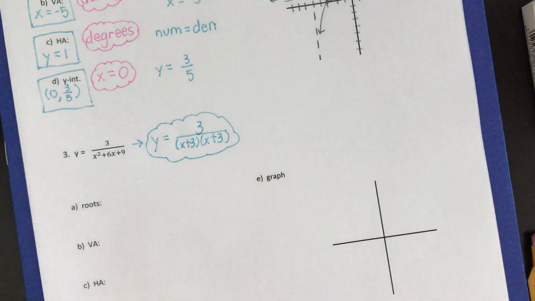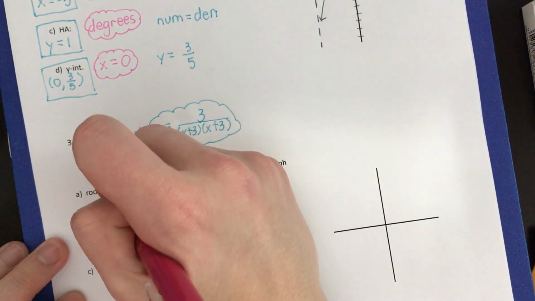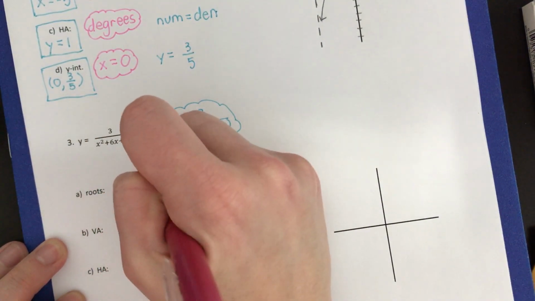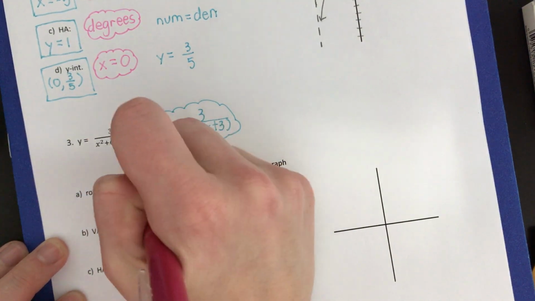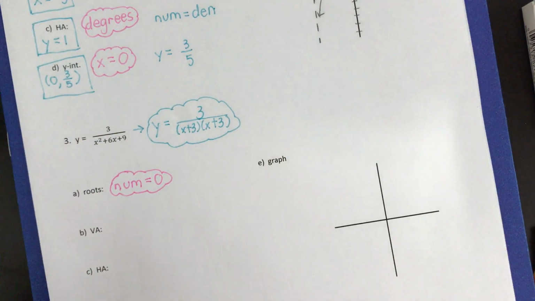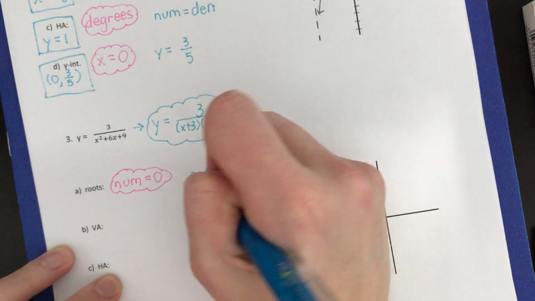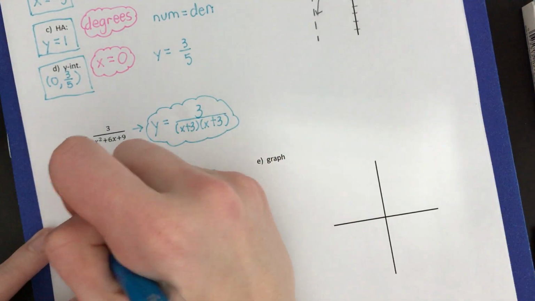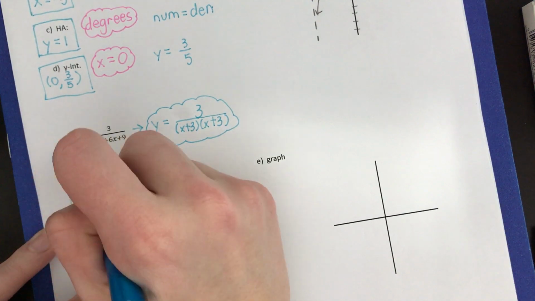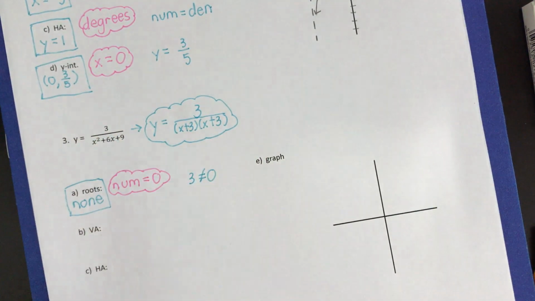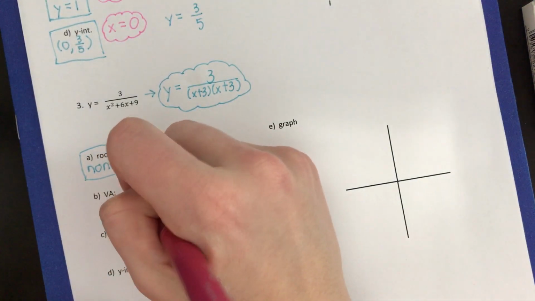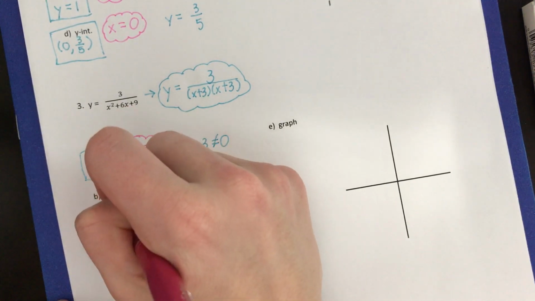Okay, so roots, numerator equal to 0. In our case, 3 is in the numerator. 3 equals 0 is not a true statement, so none. No roots.